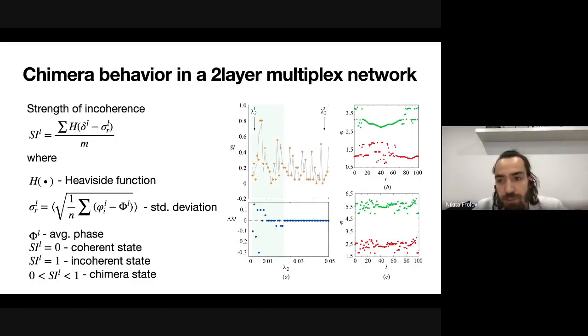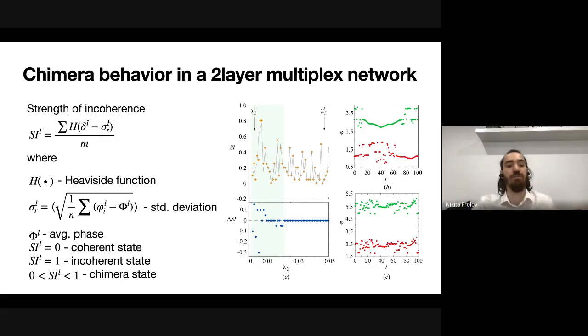We characterize the coherence of each layer with the strength of incoherence, which is described on this slide. Strength of incoherence equal to 0 means that the layer is coherent.